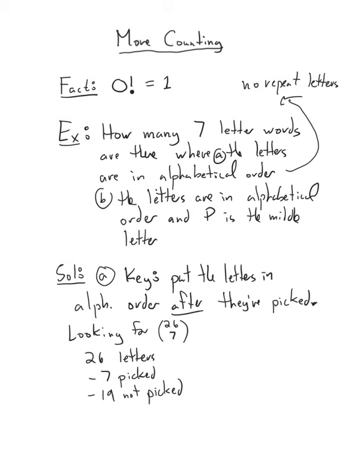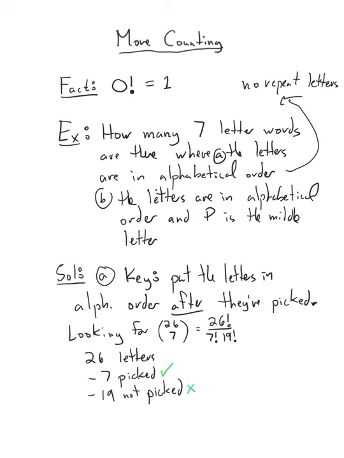So let's go ahead and do that. So that's going to be, well, 26 factorial over 7 factorial times 19 factorial. 7 picked, 19 not picked. You can imagine check marks for picked, X's for not picked.